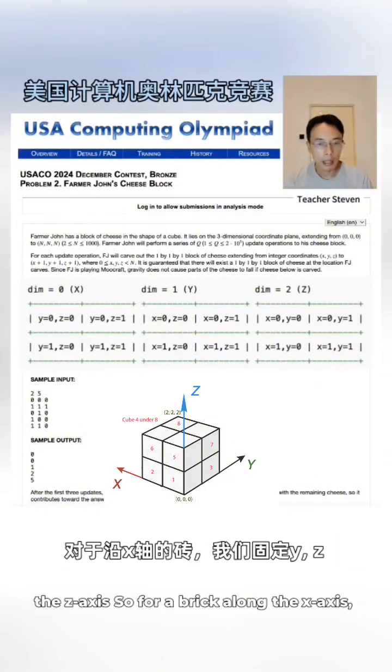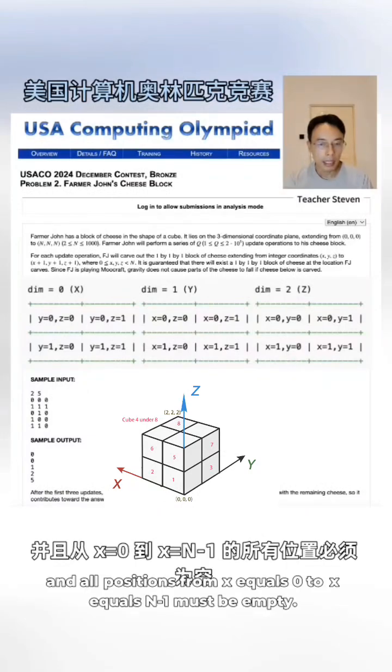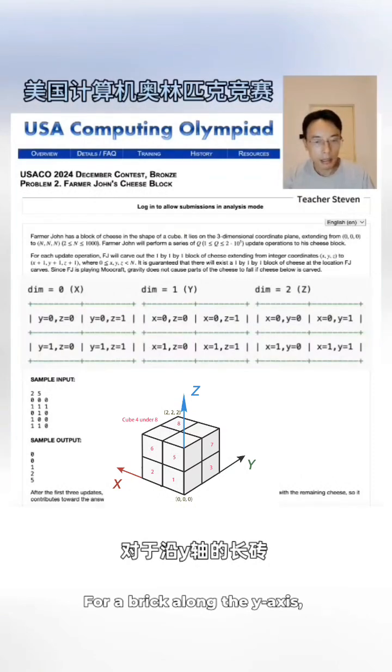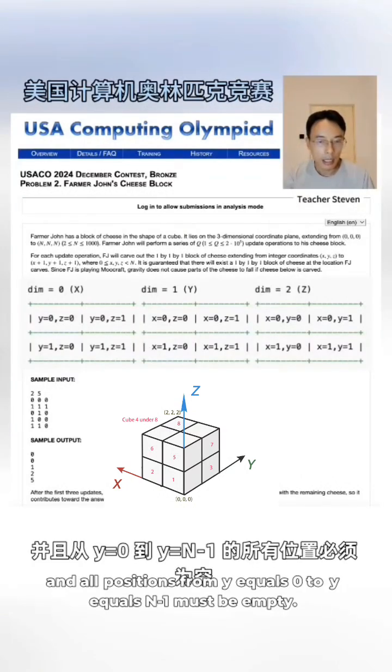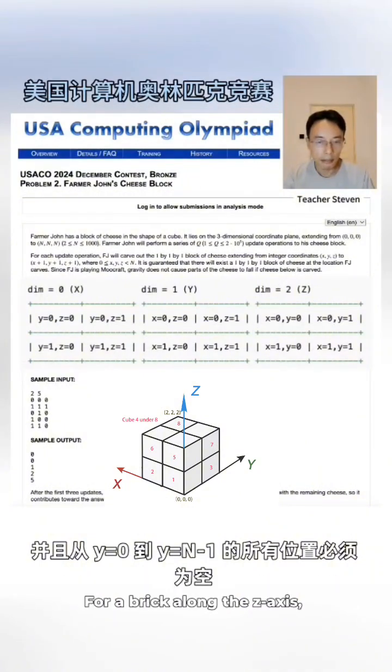So for a brick along the x-axis, we fix y, z, and all positions from x equals 0 to x equals n minus 1 must be empty. For a brick along the y-axis, we fix x, z, and all positions from y equals 0 to y equals n minus 1 must be empty.